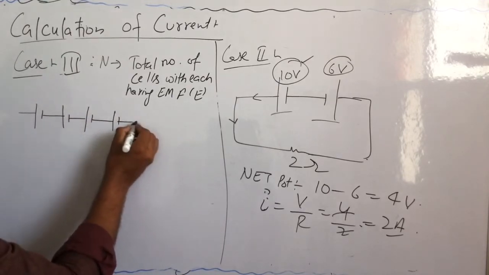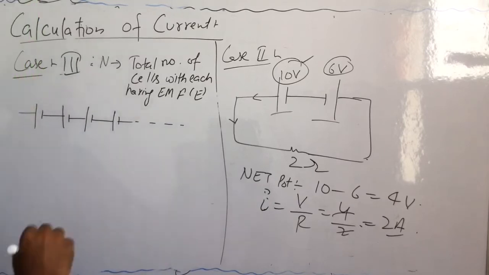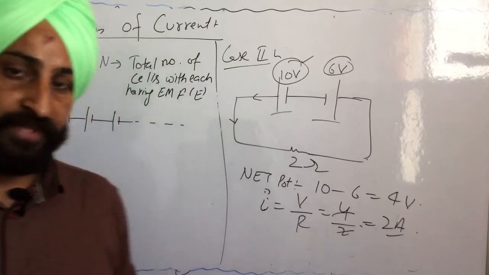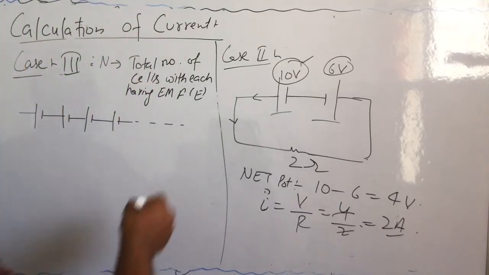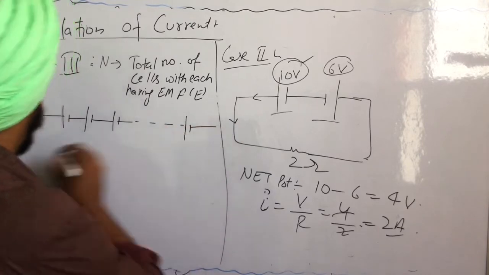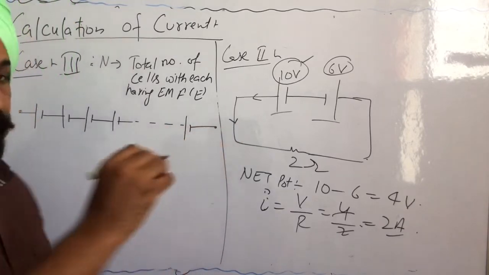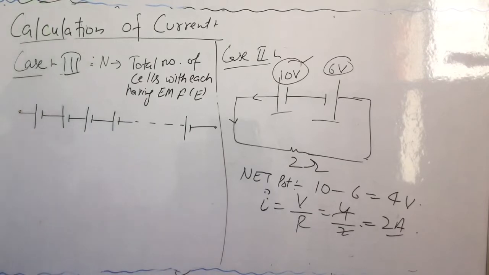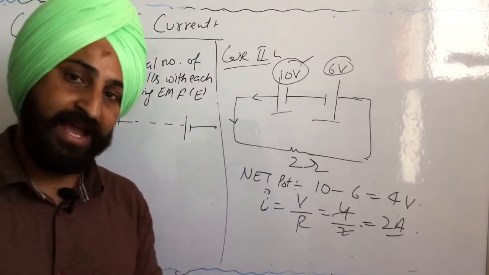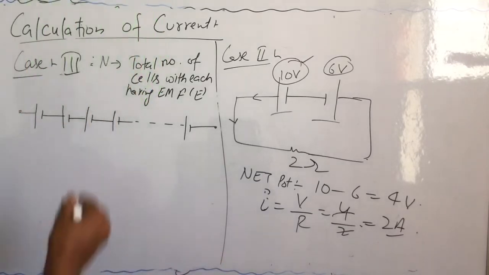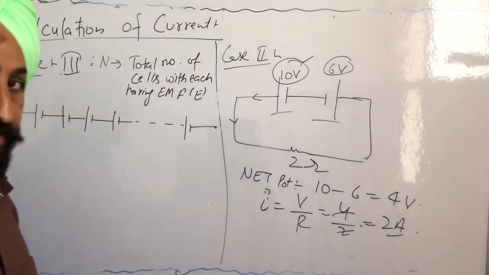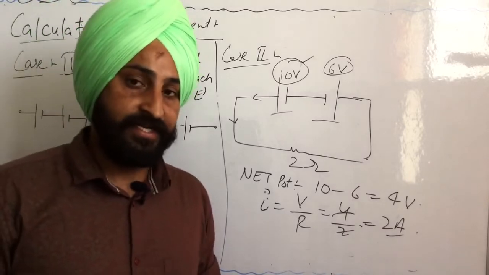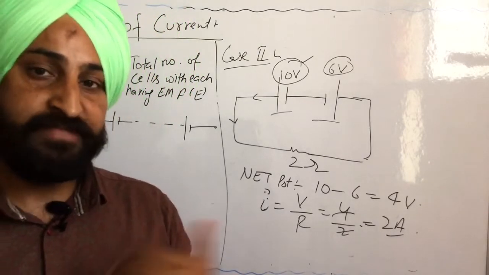These n cells were connected in order initially, but after some time, out of these n cells you reverse the polarity of m cells. So these n cells were connected in series, or in order, and after some time you reverse the direction of m cells.